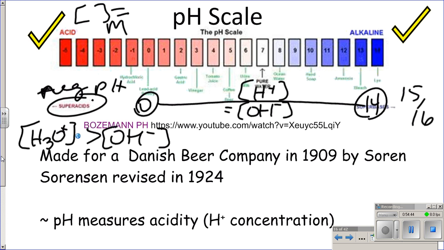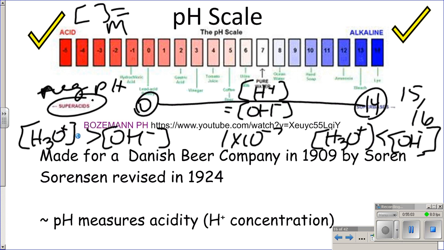And on the basic side, what would you say? Hydroxide. Okay. Hydroxide is greater than hydronium. The middle point is when hydronium and hydroxide are equal, and both of those are equal to 1 times 10 to the negative 7th molar. You need to know this information.